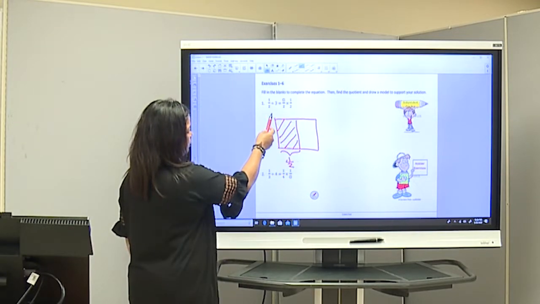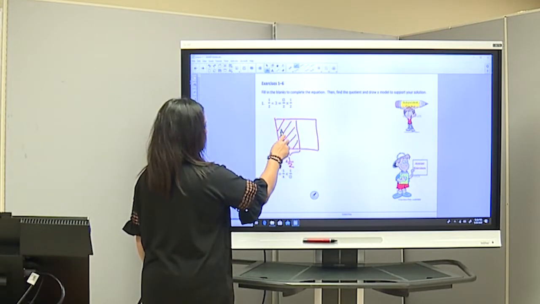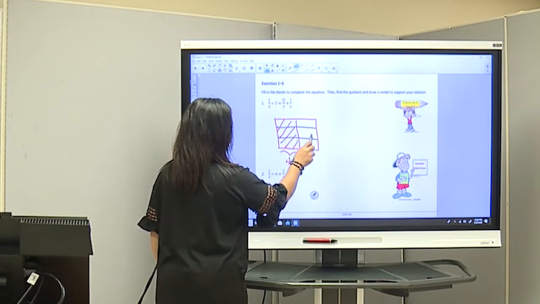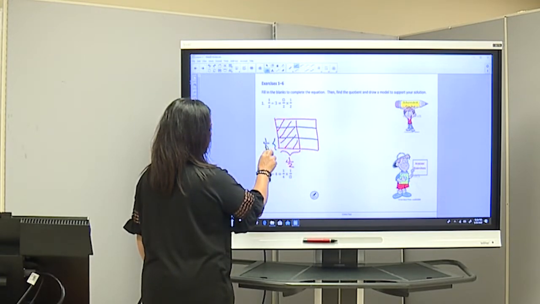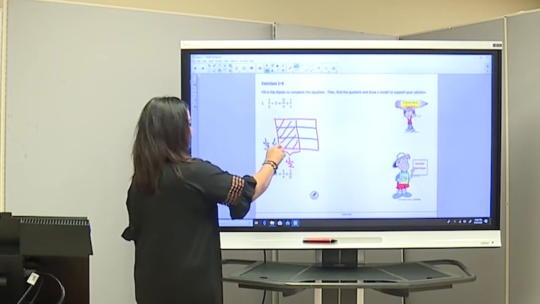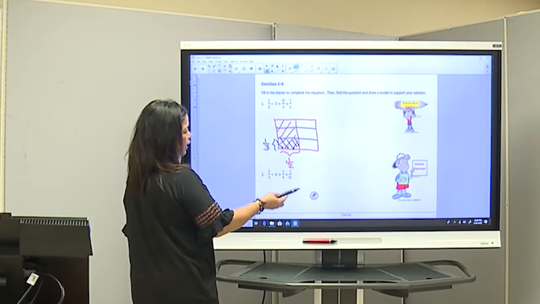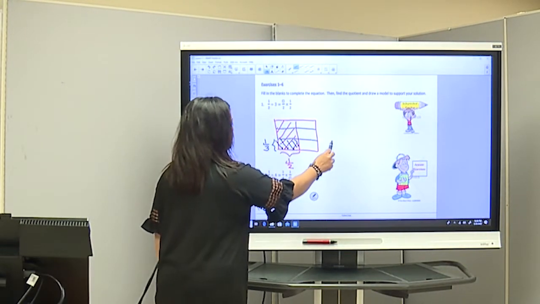And then I am going to divide it by 3. So this part right here, I am going to divide by 3. 1, 2, 3. So each of this is one of the 3. Now I see the one that I have double shaded is 1 out of 6.